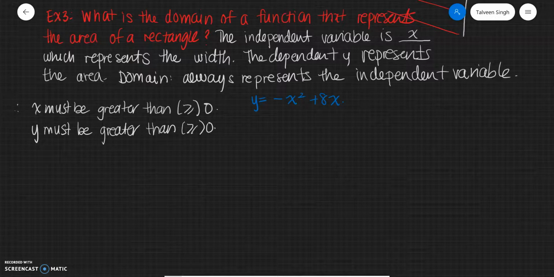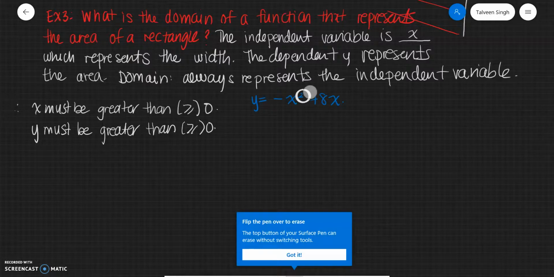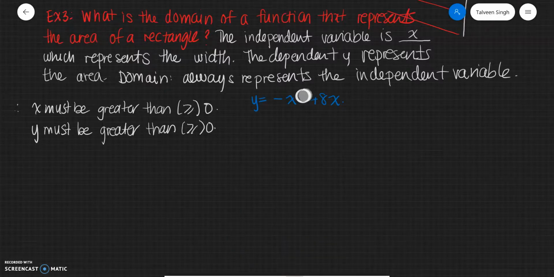So when we're talking about x can't be less than 0, y can't be less than 0, and this is a quadratic function because of this 2 over here. I just wanted to make that clear. That's how I know what it is, because it's the 2 up here that represents that.